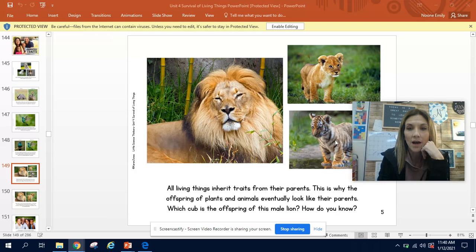Which one of these cubs do you think belongs to the adult lion? Is it this one or this one? How do you know? You can tell that it's not this one because it has stripes. Even though the first one doesn't look exactly like the parent, you can tell that it will probably grow up to look like the parent.